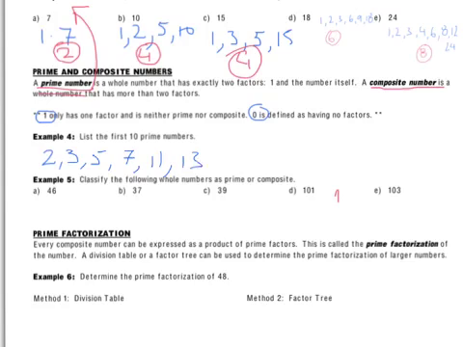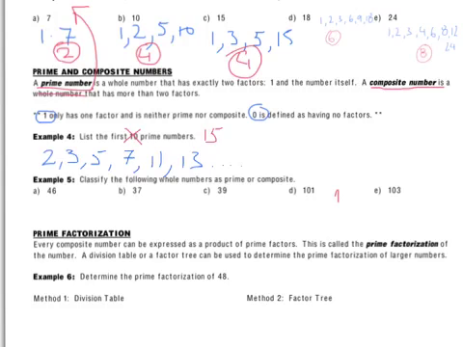And you know what? I'm going to ask you folks at home to list the first 15. So cross this 10 out here, and I want you guys to list the first 15 prime numbers. In our next class, we'll have a bigger list to work with.